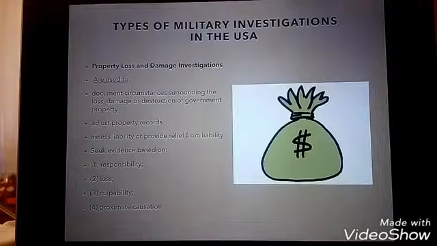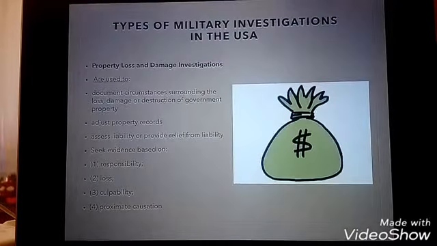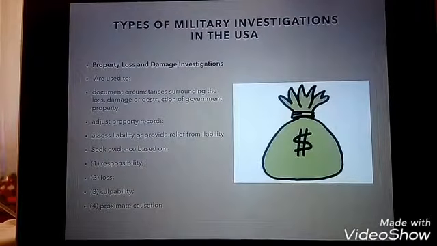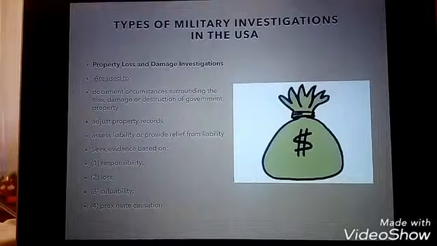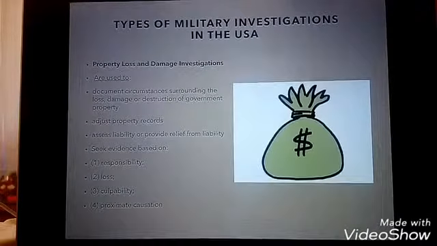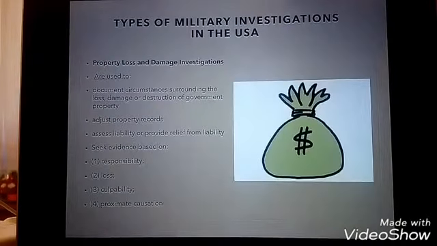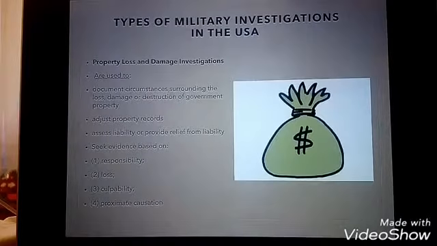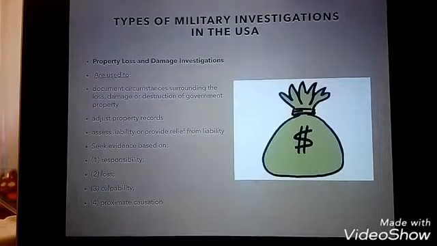These investigations are used for property accountability purposes and are not intended for adverse actions. Also, these investigations seek evidence based on the following elements, for example, responsibility, loss, culpability, or proximate causation.